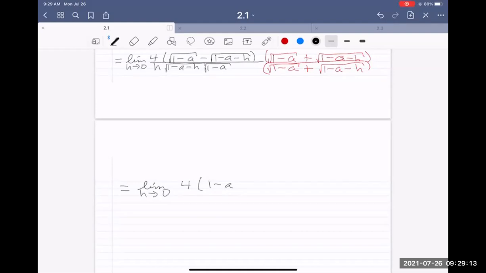The minuses will change all the signs inside. So I get a minus 1 plus a plus h over gigantic stuff. h times radical 1 minus a minus h times radical 1 minus a times radical 1 minus a plus radical 1 minus a minus h. Okay, good.